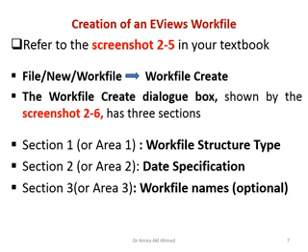Section 2 or Area 2 by default has the title Date Specification. However, this title varies according to the data structure, as we will see later. Section 3 or Area 3 has the title Work File Names Optional.